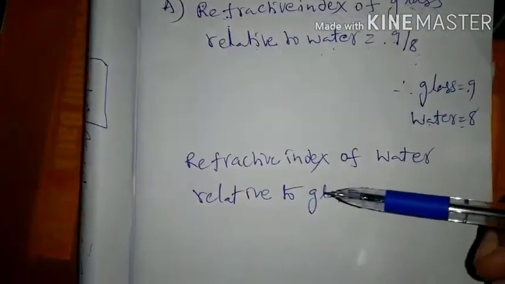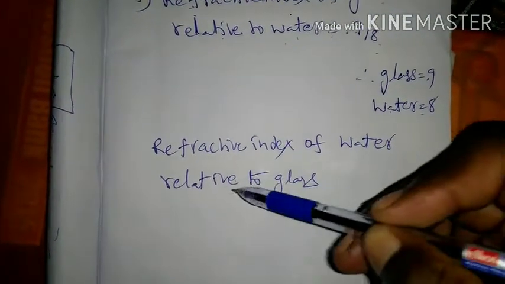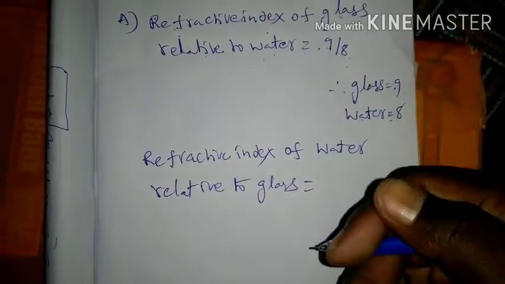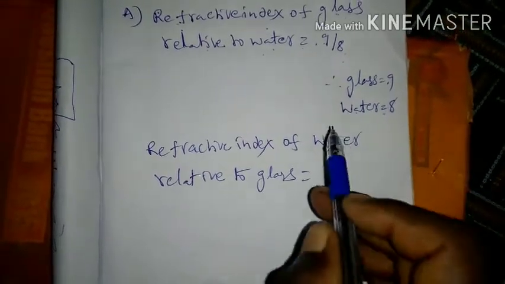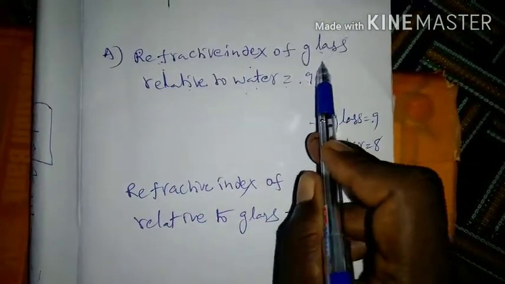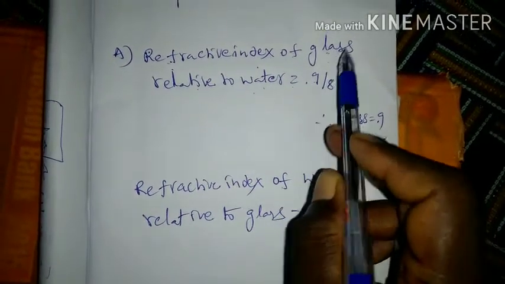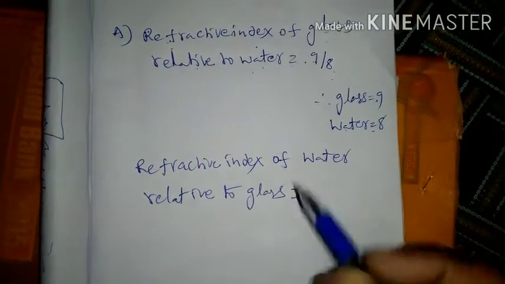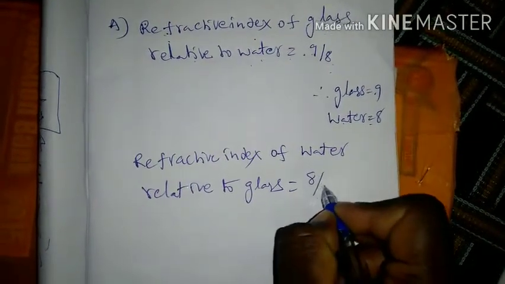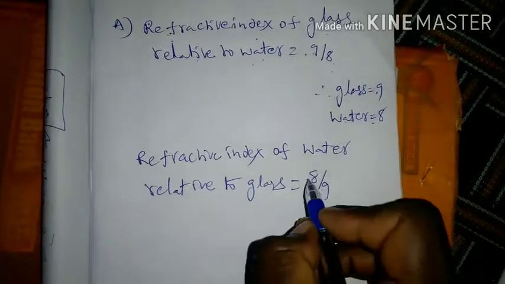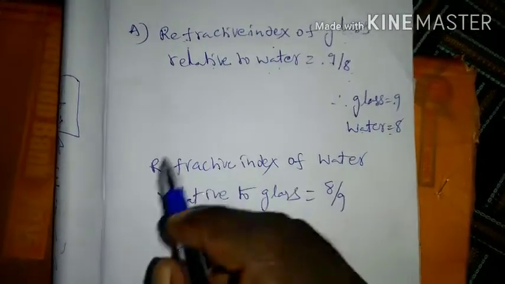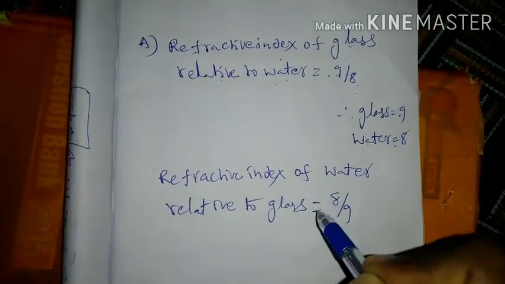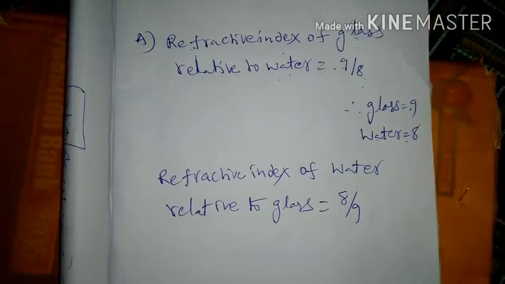Guess the answer, simple answer. Glass to water is 9 by 8, so water to glass is 8 by 9. This is the answer. This is the second problem answer: water to glass value is 8 by 9.